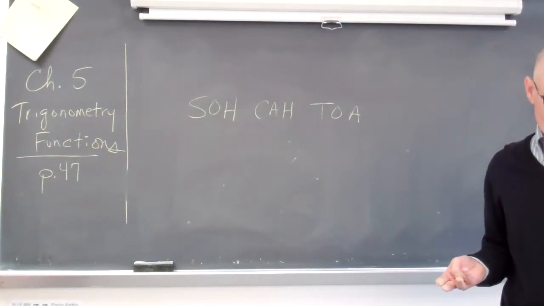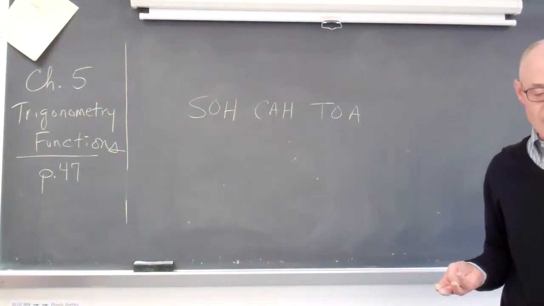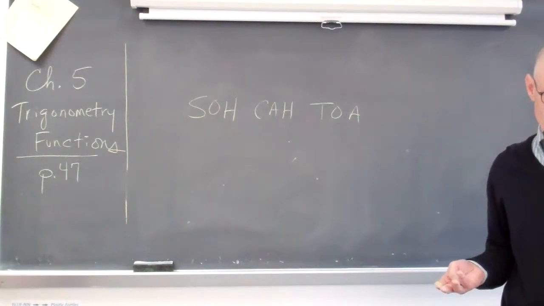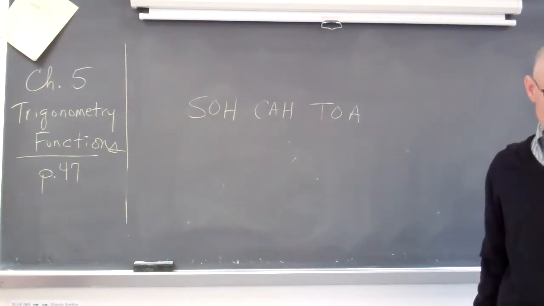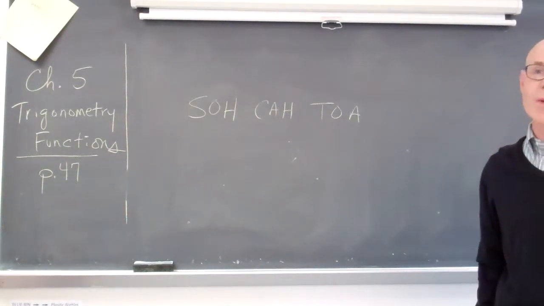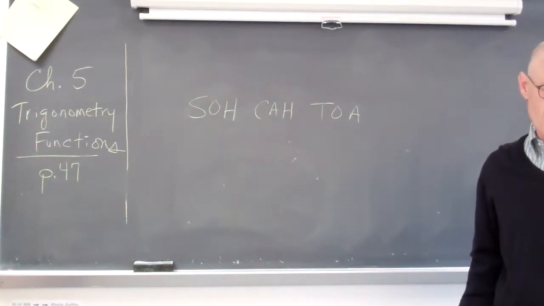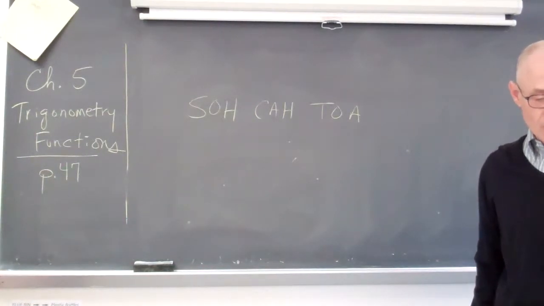For instance, the secant is the reciprocal of the cosine, whereas the sine is the opposite over the hypotenuse, the cosecant is the hypotenuse over the opposite. You might see a reference to these three in other textbooks, in other applications. We really don't have a use for them because as long as you can use sine, cosine, and tangent, there's really no apparent need for the other ones. So let's just be aware of their existence, but know that you probably won't need to use them.